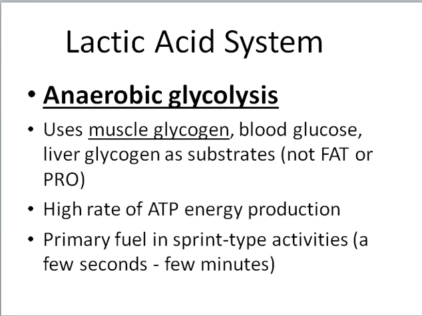So remember, in the ATP-PC system, what we needed was that creatine molecule, the breaking off of that creatine molecule from the phosphate molecule, to allow the formation of ATP. So it has a high rate of ATP energy production, and it's the primary fuel in sprint type activities, a few seconds to a few minutes.